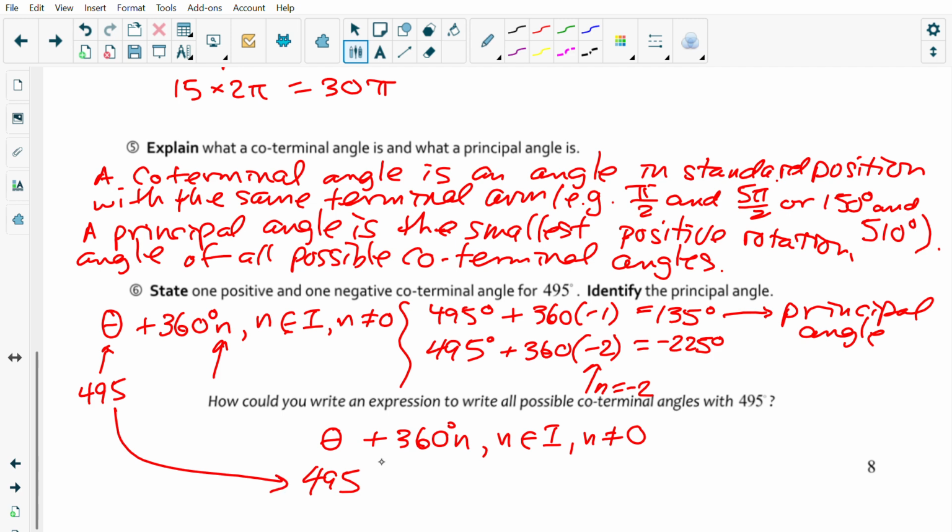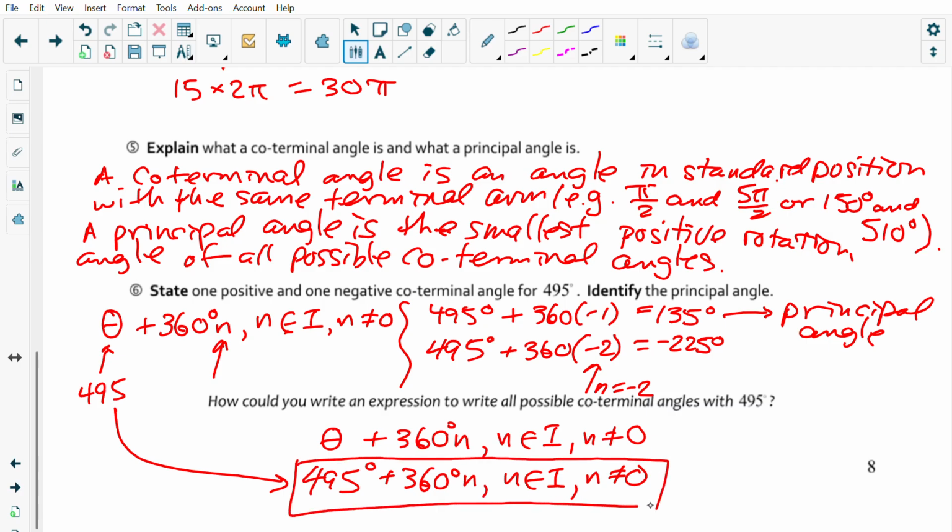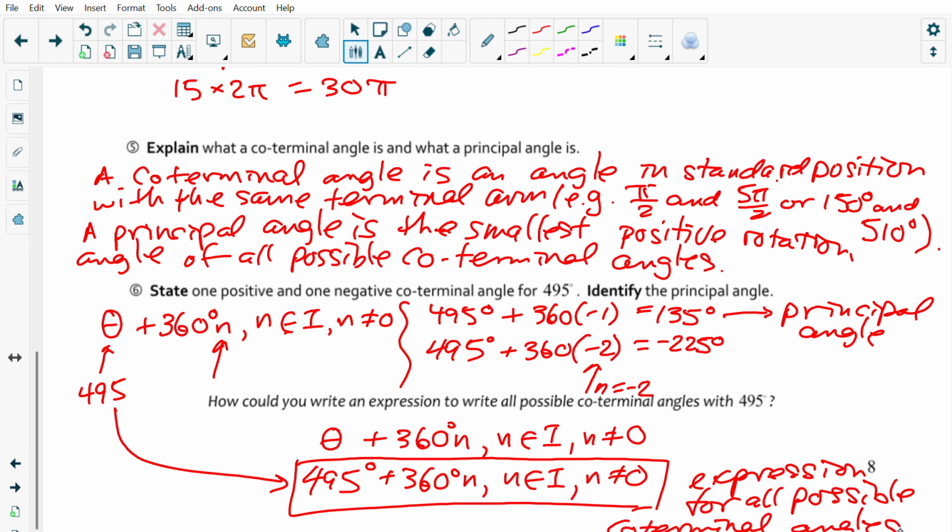That's my 495 degrees plus, leave it in general terms, the n value, and stipulate that n must be an element of all integers and n cannot equal 0. So this is my expression, right? Expression for all possible coterminal angles.